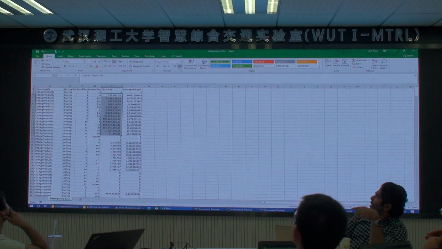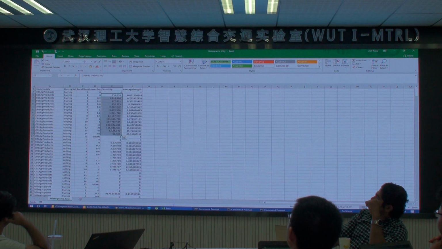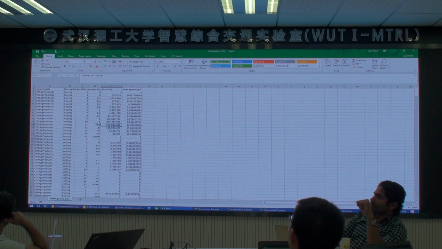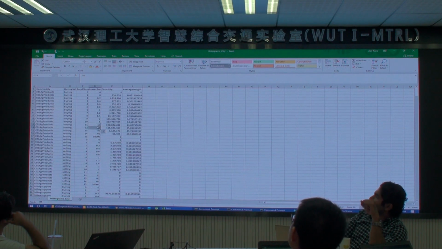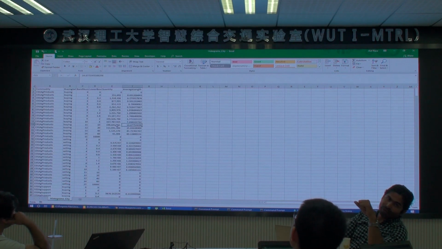Here you can see for agricultural products, people are traveling, because here is the highest number, 590 million. So most of the time, if you need to buy agricultural products, the average trip length you travel to buy an agricultural product is 15 kilometers.